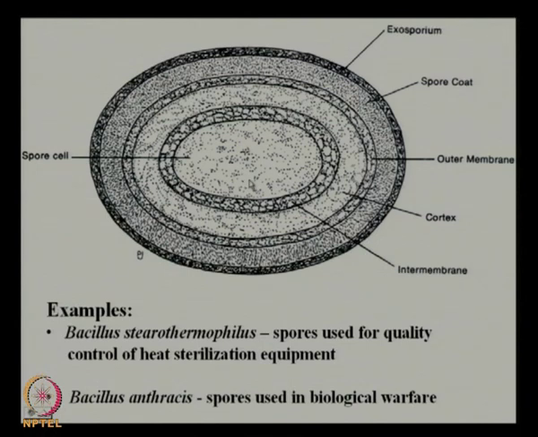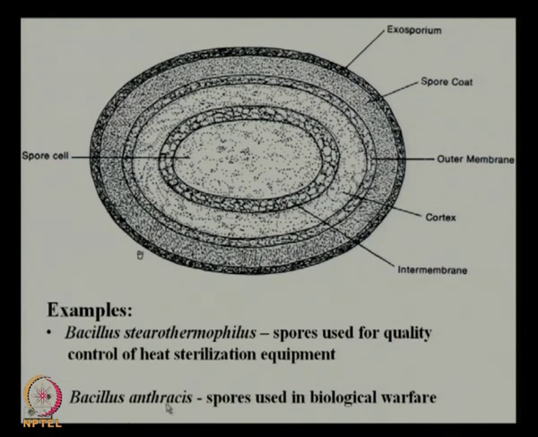So, this is the spore formation of bacteria. Now, some examples of these spores are Bacillus stearothermophilus. It is the spore used for the quality control of heat sterilization equipment.